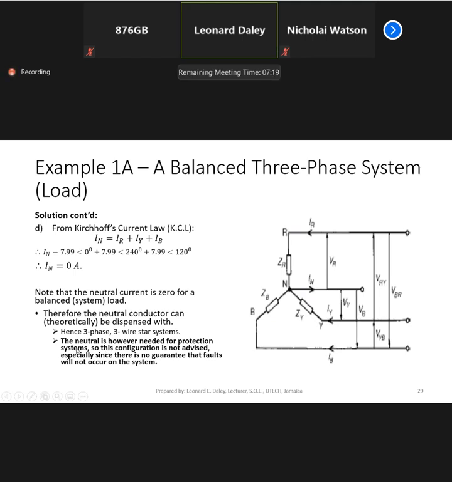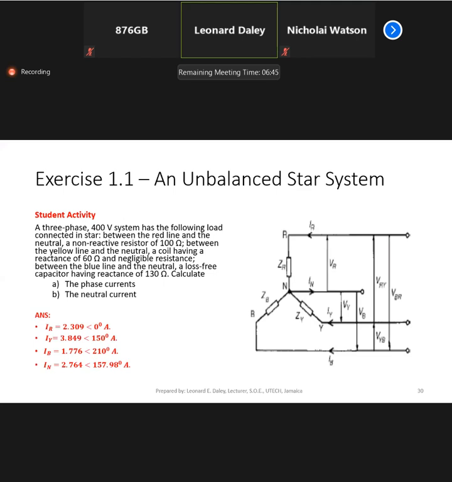If you're doing power system protection, you will realize the importance of the neutral conductor. Although it might cost a little more to run an extra wire, you could only use a three-wire system if you could guarantee there will be no faults, and nobody can really do that. So three-phase, four-wire is a better thing.